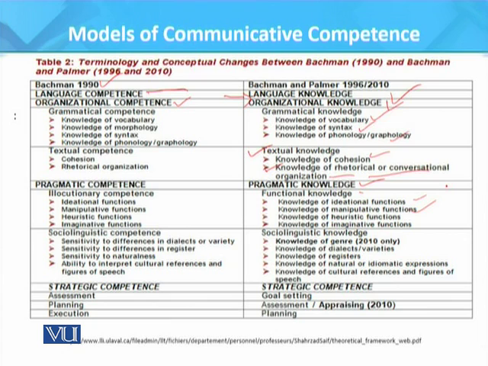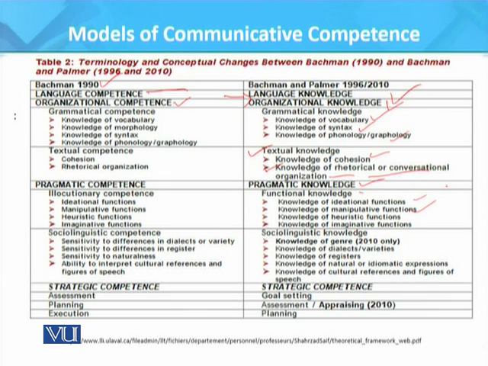Instrumental function is to get other people to do something, through requests, suggestions, or commands. Regulatory functions are used to control what other people do in terms of rules, regulations, and laws. Finally, interpersonal functions are for establishing or maintaining relationships. So manipulative functions have three types.